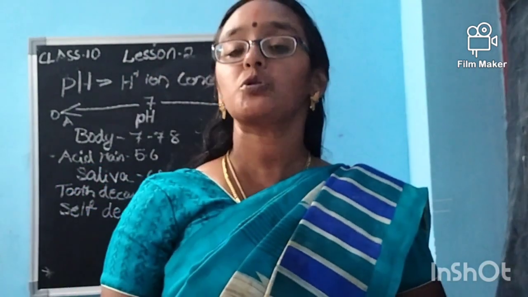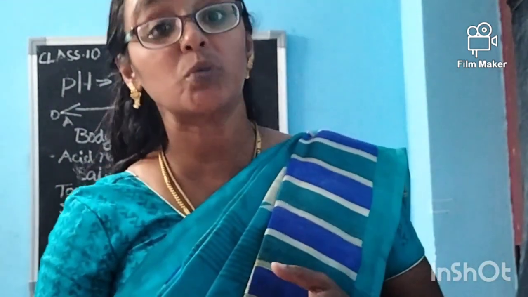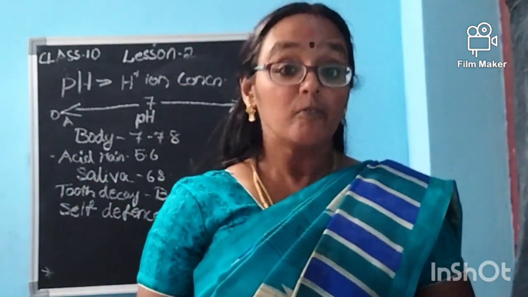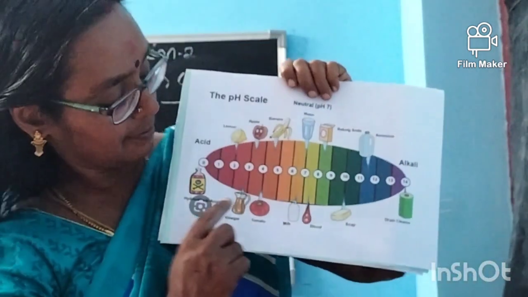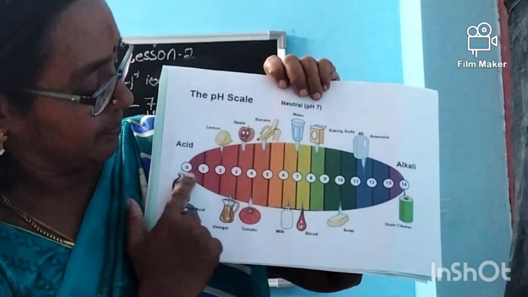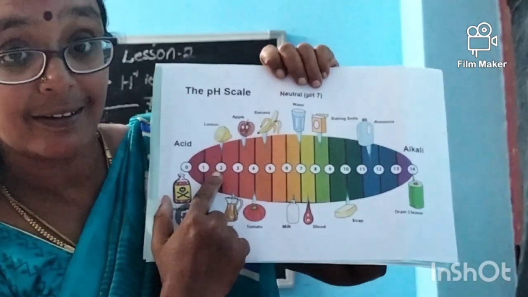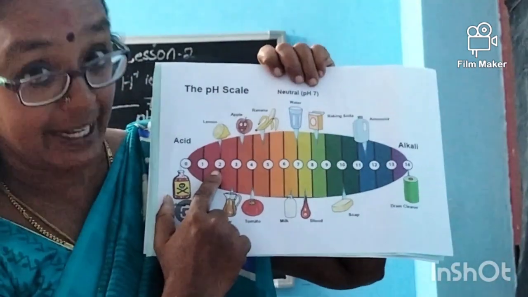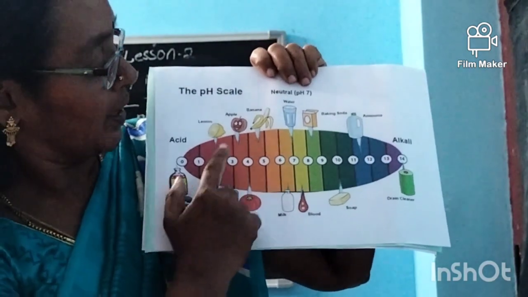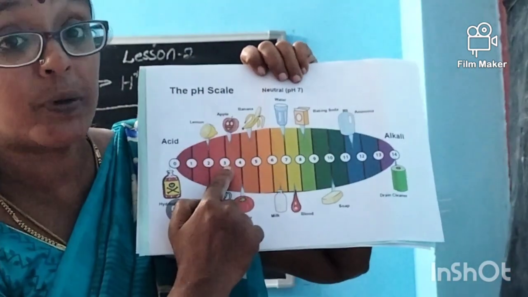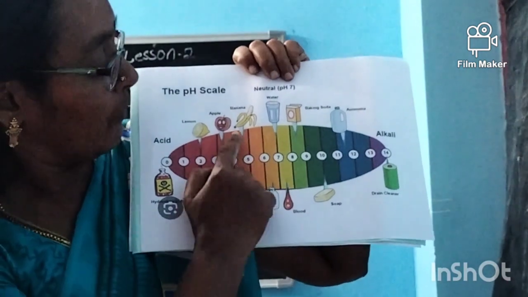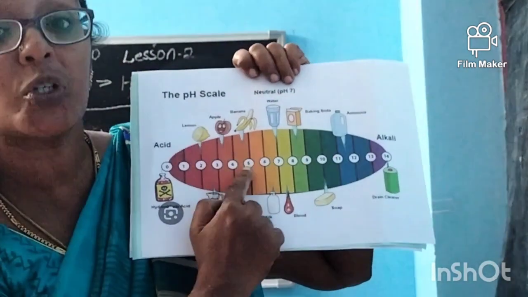Now we are moving to see in what all things which we are eating, whether they are acidic or basic. See, dears? Acid. When it is the case of lemon, it is acidic, dear. pH 2. When it's coming for apple, it's in between 3 to 4, isn't it? When it comes to banana, it is 4 to 5 pH.